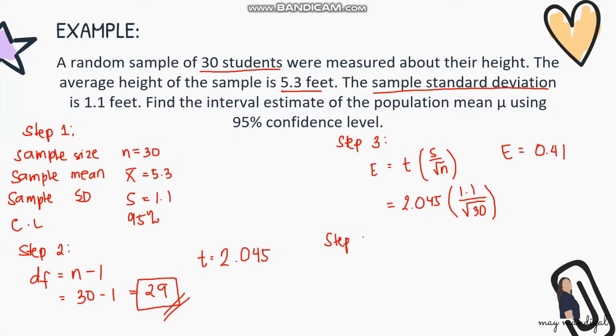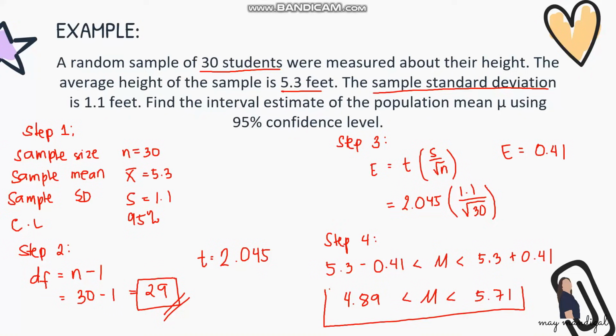And then last step, to write now the interval: sample mean minus our margin of error, and then sample mean plus the margin of error. So if we simplify this, we will get 4.89 up to 5.71.